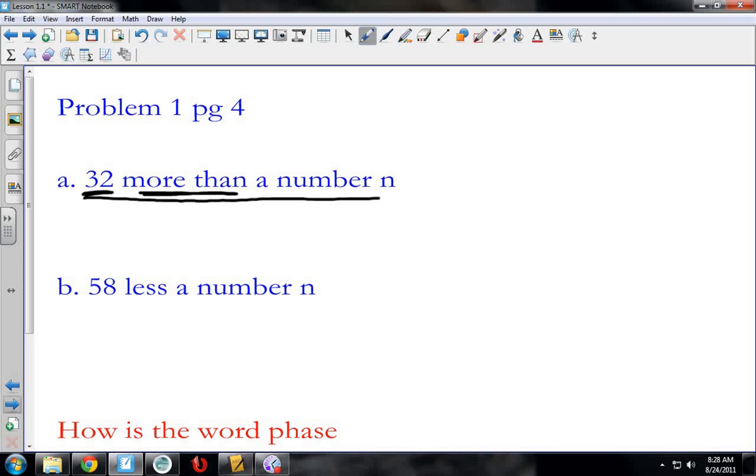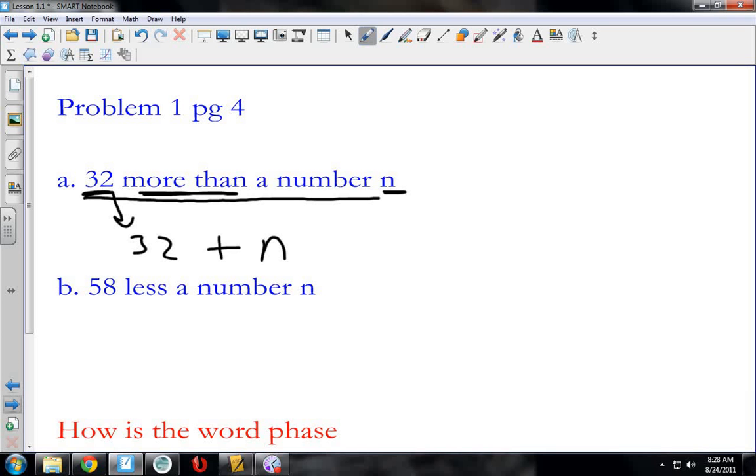And then a number, and they said that it's not x, they said a number n. So they told us the variable. But if they didn't tell us, then we could use whatever one we wanted to. We could use x, p, o, q, whatever. So now we're just going to put these together. So we have 32 more than a number n. Just changing it to expressions.